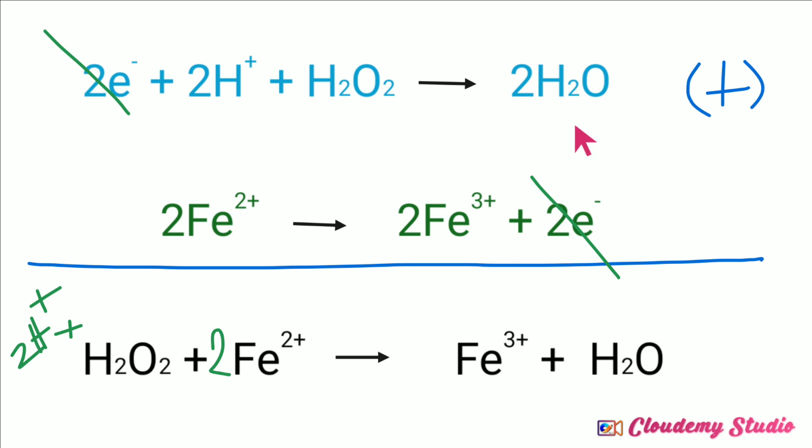Now the right hand side, what are the things left out we need to write? Here 2 moles of water. And here 2 moles of iron 3 ion. That we need to write it here. That is 2 moles of Fe3+ and 2 moles of water.